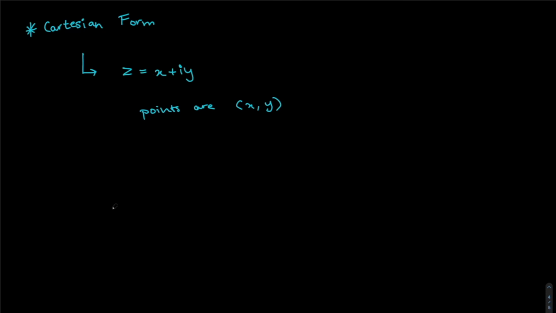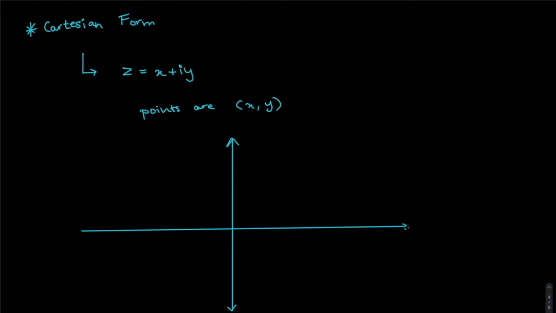Now, before we move forward, one more thing that I want to mention is kind of important. So if I draw an Argand plane right here, we have the imaginary axis on the y and the real on the x, right? So imaginary and real, and this is my origin.